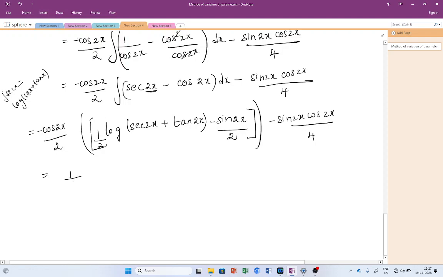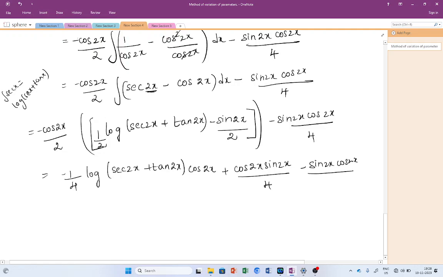So it is 1 by 4 into log, and I have minus log of secant 2x plus tan 2x into cos 2x, and here minus and minus will become plus cos 2x sin 2x divided by 2 into 2, which is 4, and here I will have minus sin 2x cos 2x by 4.